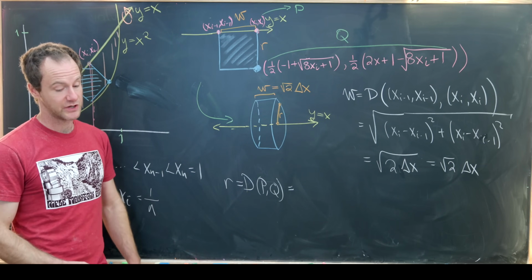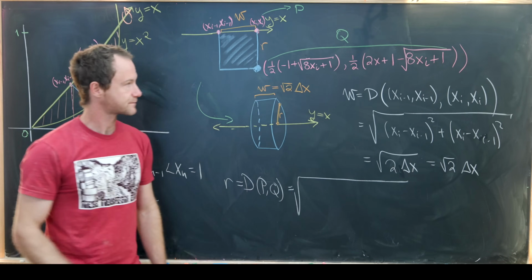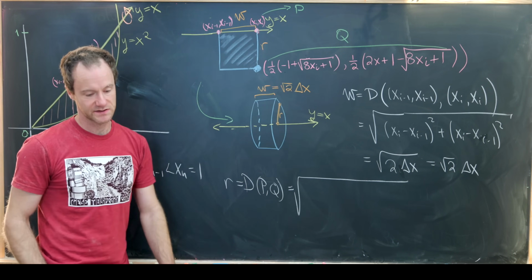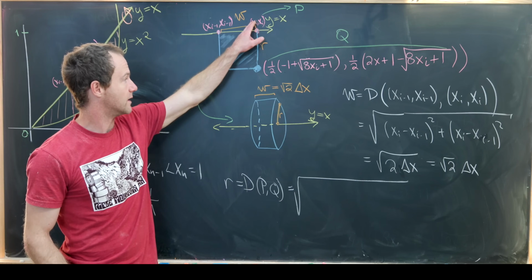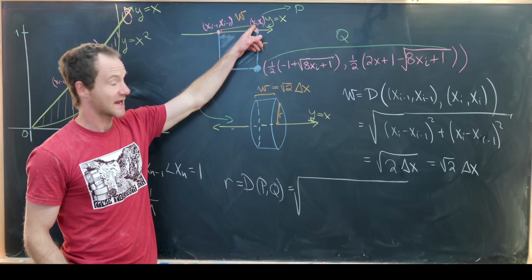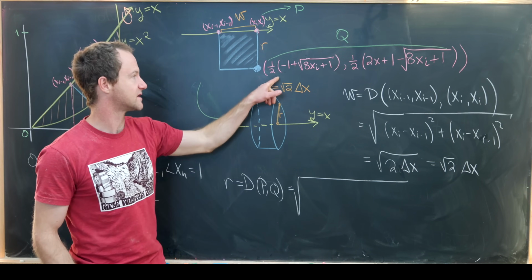And again, we will use the distance formula. So that'll be the square root of the difference of the x coordinates. So maybe I'll do the top one minus the bottom one. I'll write this x_i as 2x_i over 2 just to make it work a little bit better.